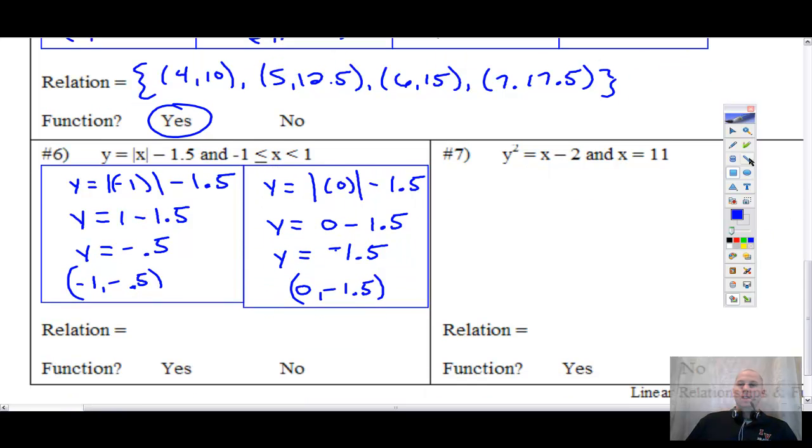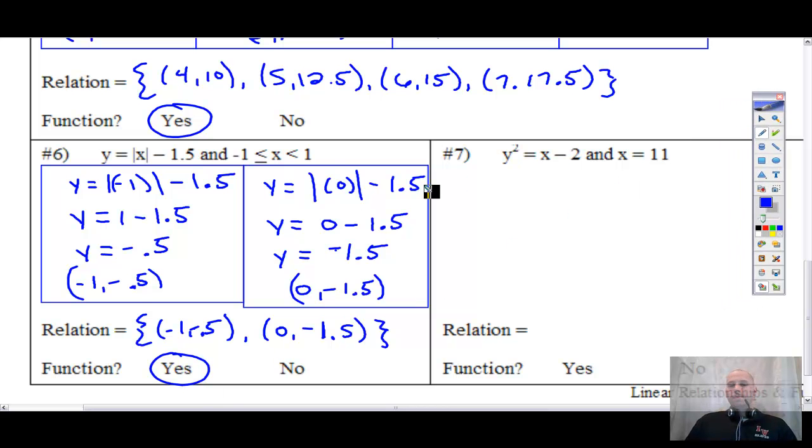So my relation has a set of ordered pairs. The set of -1, -0.5, comma, 0, -1.5. Is it a function? Yes.